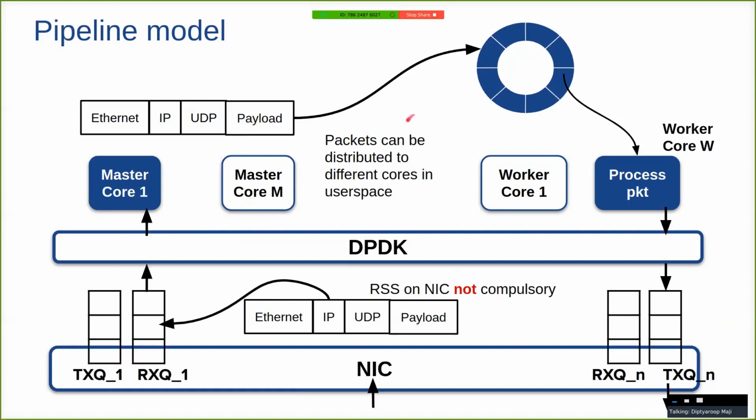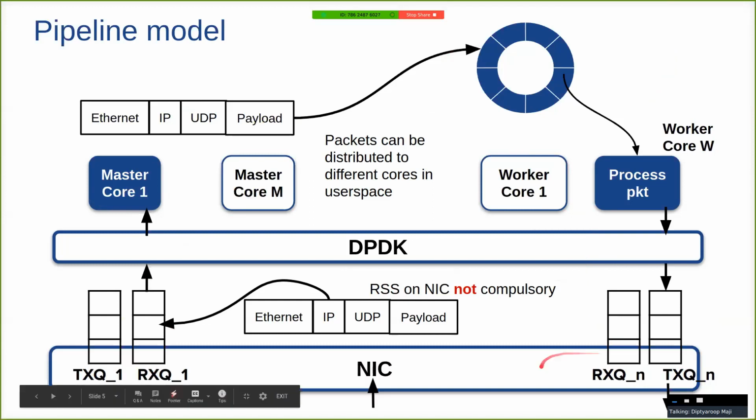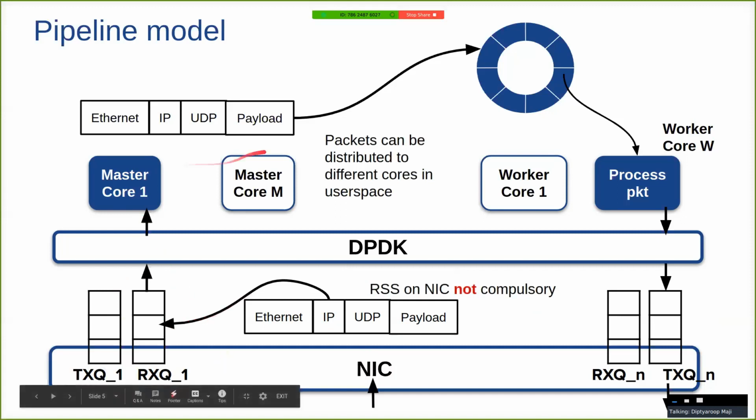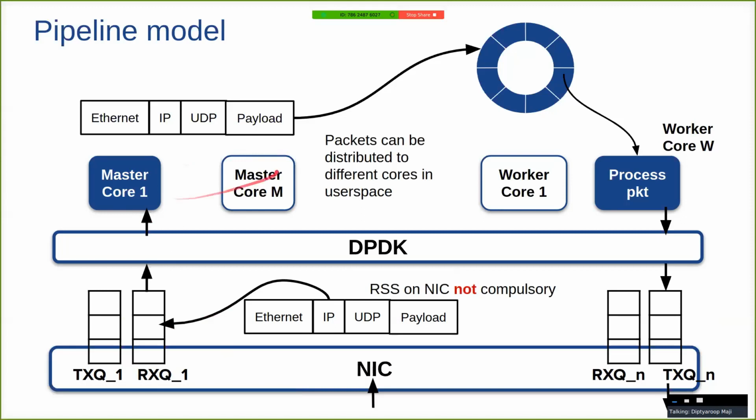Similarly, it will be sent to any one of the worker cores, and then they will process and send them out. Note that RSS on NIC is not compulsory. That is, even if all the packets are redirected to only one RX queue, the master core or the master cores still can distribute the packets to different worker cores in the user space.